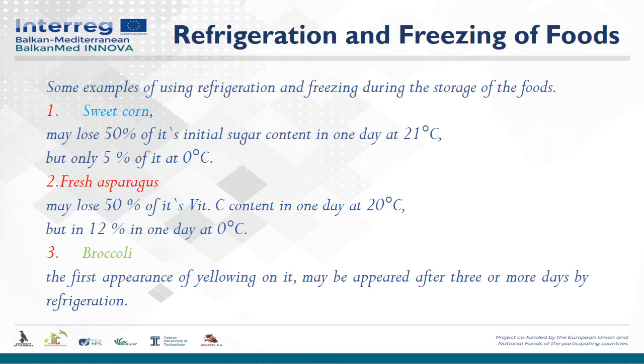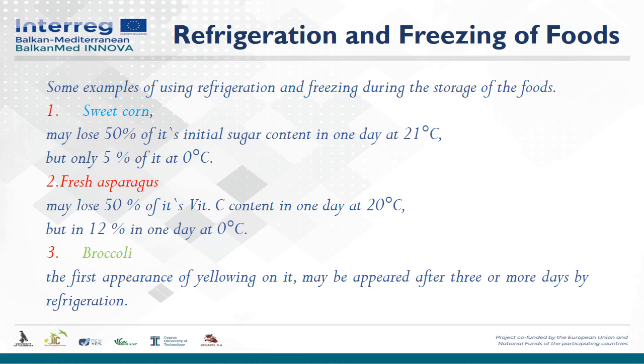Refrigeration and freezing are used mostly to extend the shelf life of food products. This extension is made by using these low temperatures that slow down many chemical and biological processes or reactions in food.